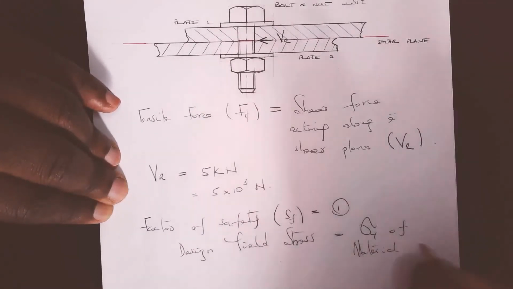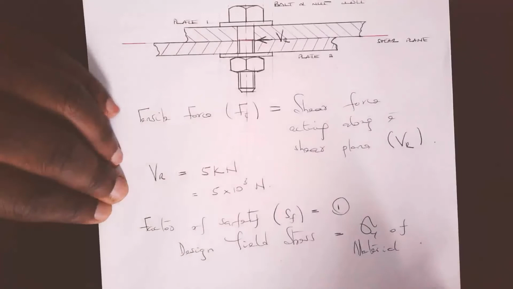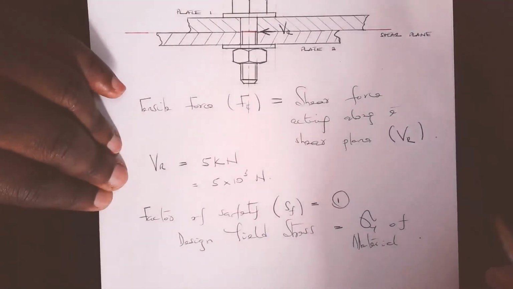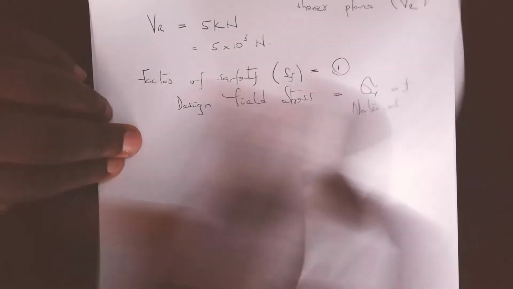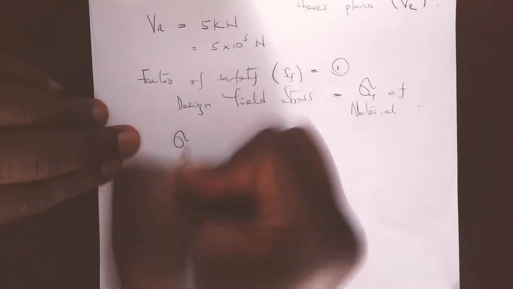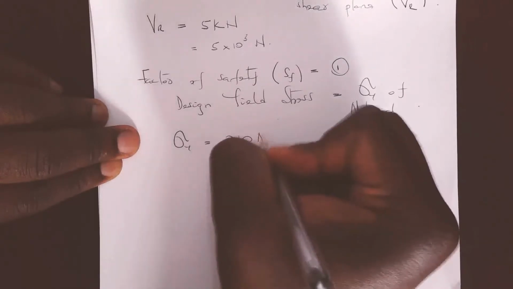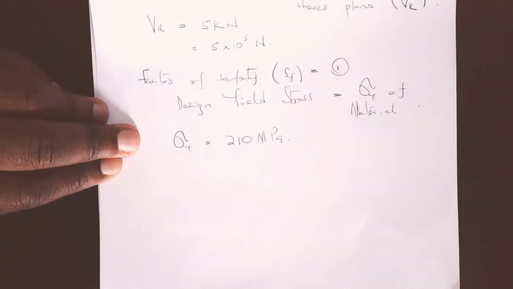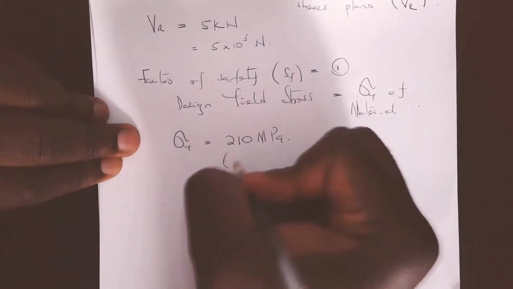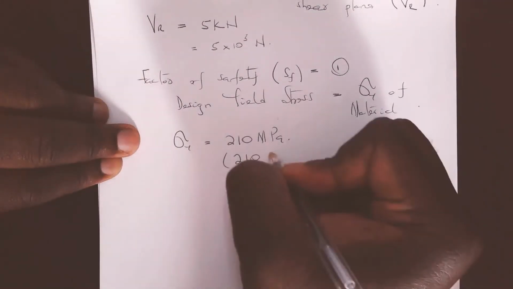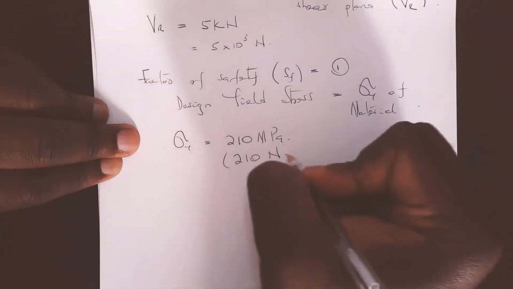We're going to assume that the material used to fabricate the fastener is some sort of high grade steel. So we're going to assume that sigma y is equal to 210 MPa, which is the same as 210 Newton per millimeter squared.